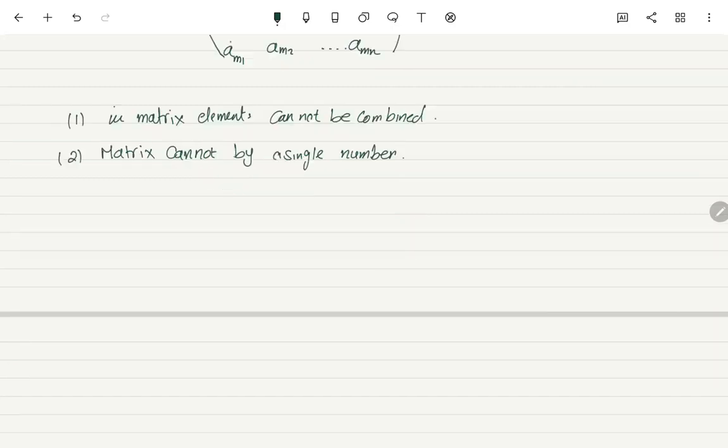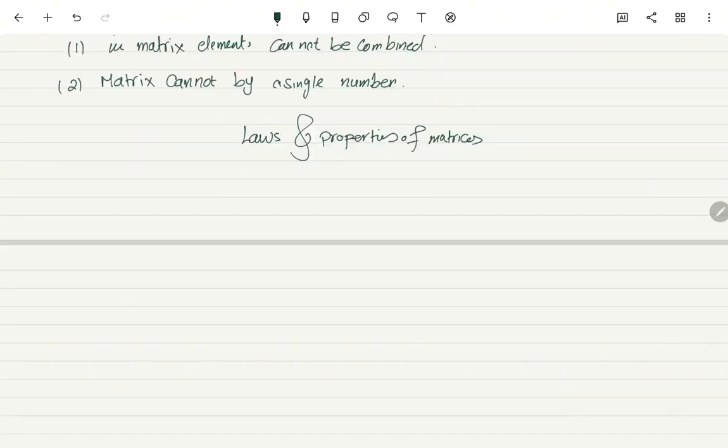Let's start with laws and properties of matrices. The first property is equality.